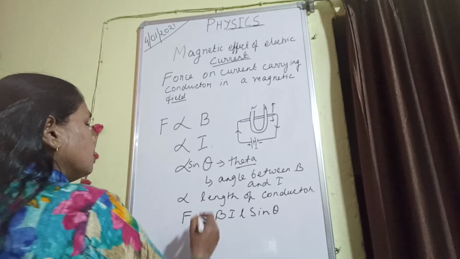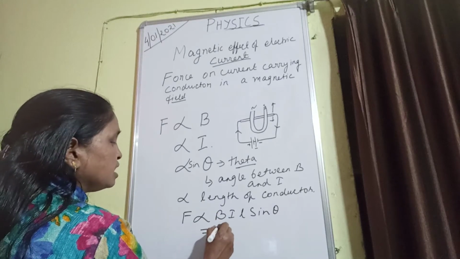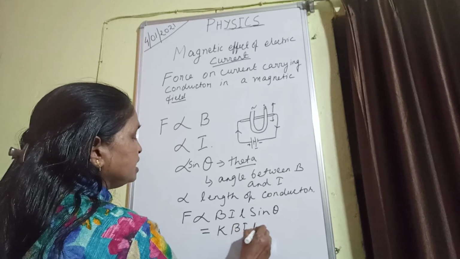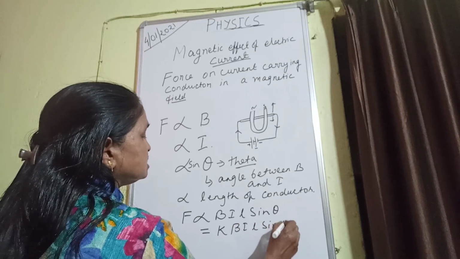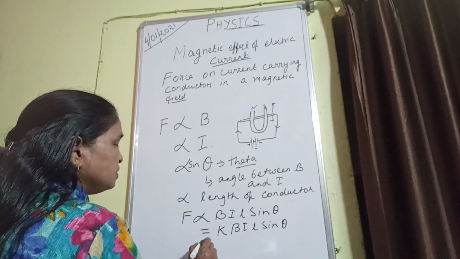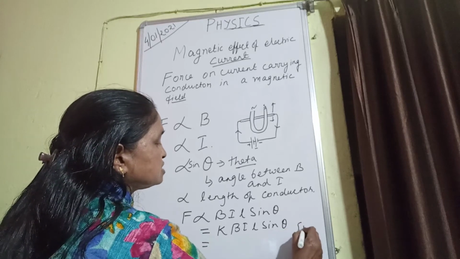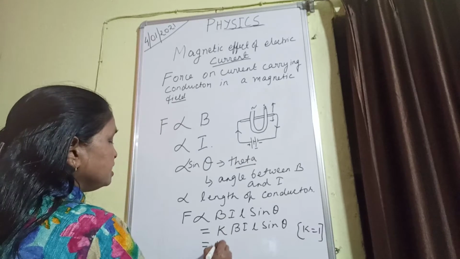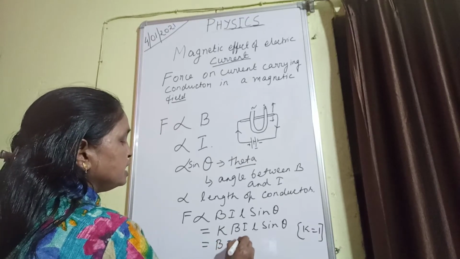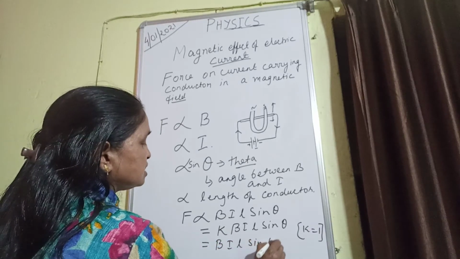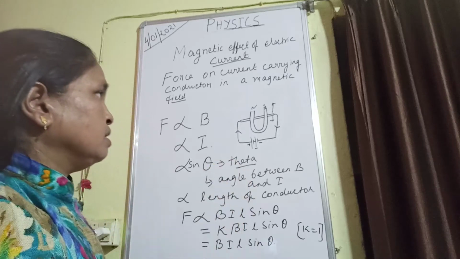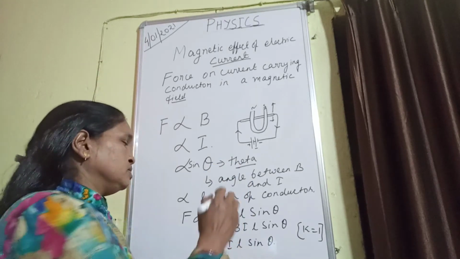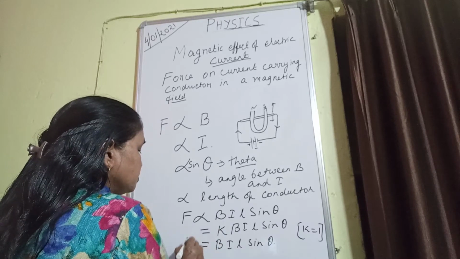So here the constant we will write as K. So it is K B I L sine theta. The value of K is 1. So, we will get F equals B I L sine theta. We have got this as the force.